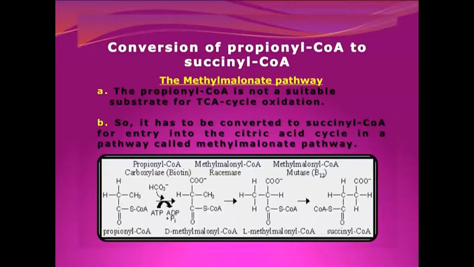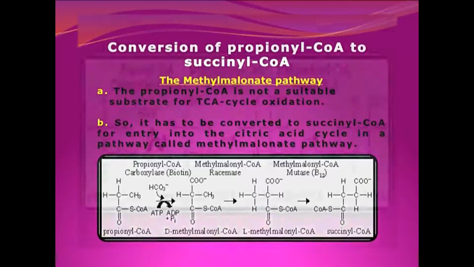This propionyl-CoA actually cannot enter the TCA cycle on its own. So it has to be converted either to succinyl-CoA by the methylmalonate pathway or to acetyl-CoA by the beta hydroxypropionate pathway. So firstly, the methylmalonate pathway.